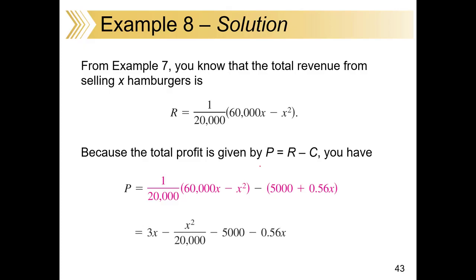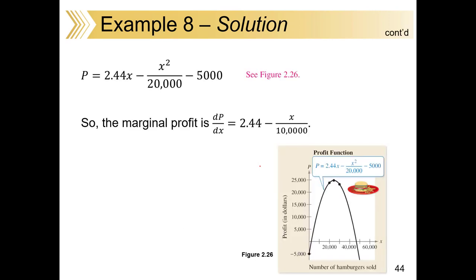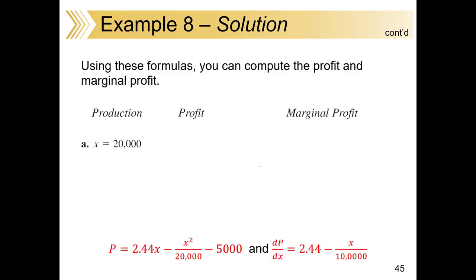Clean that up a little bit. Differentiate. Our marginal profit is 2.44 minus x over 10,000. So those numbers we wanted to work with before, we'll put those in for x and do the calculations.